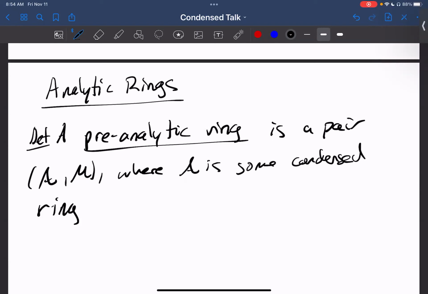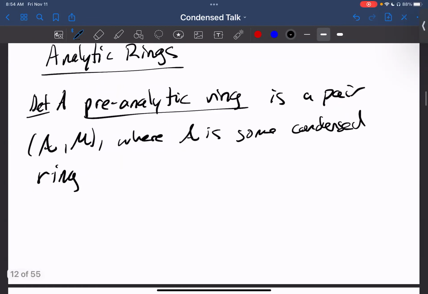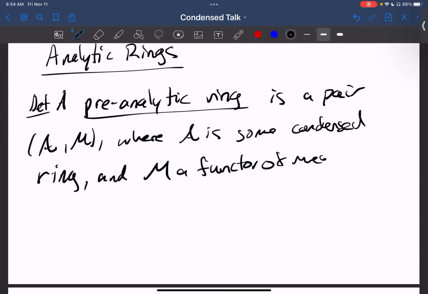I'm not specifying that it has to be commutative here. When we get to some part later, we will add some commutativity restraints, but for this part of the theory, we don't need commutativity. Where A is some condensed ring and M a functor of measures on A.